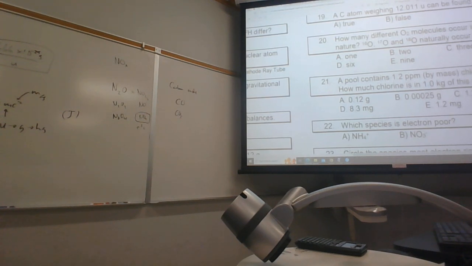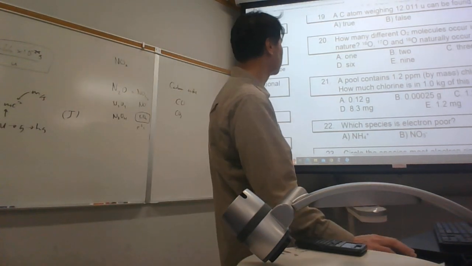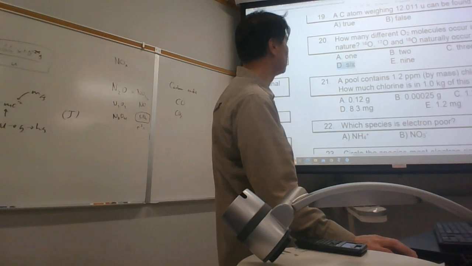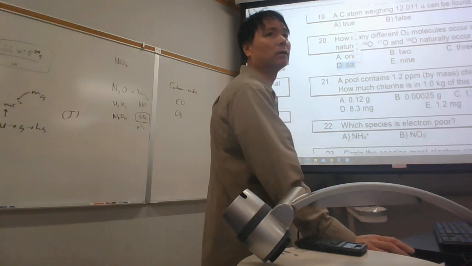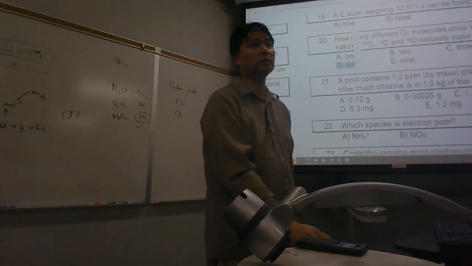O17, O17, O18, O18. Any more that you can think of? No, it would just be those. So it's 1, 2, 3, 4, 5, 6. So number 20 would be 6 possible oxygen molecules. Each time you inhale oxygen, you're breathing all 6 of those.